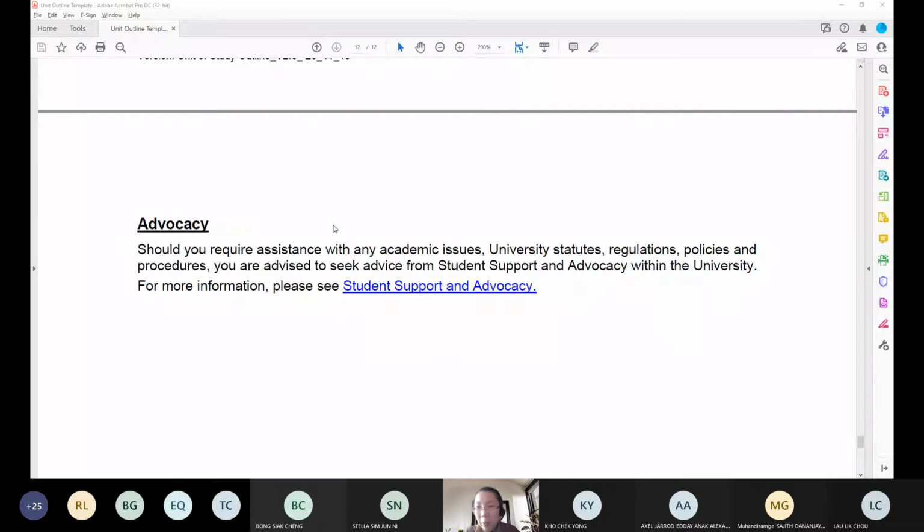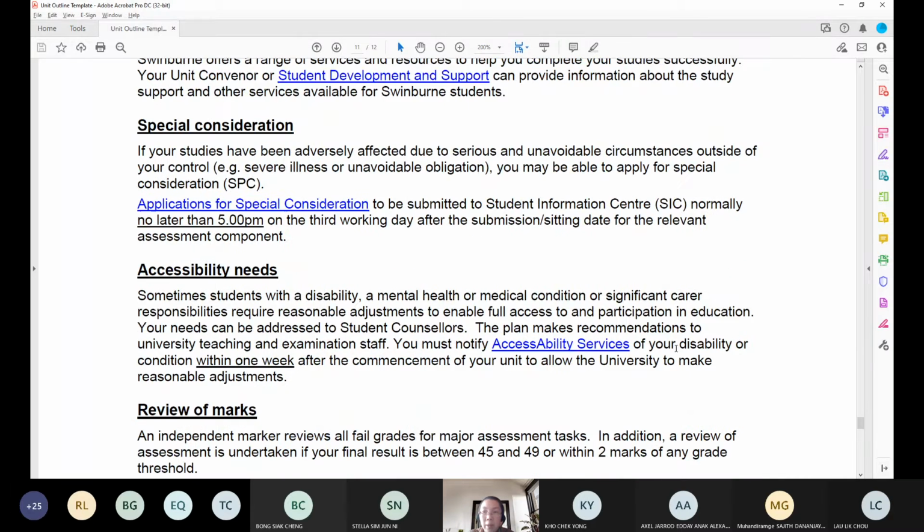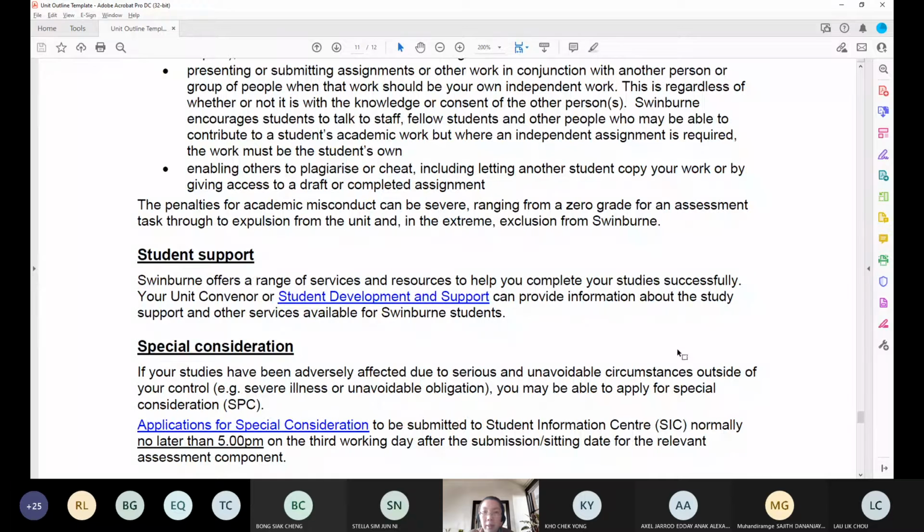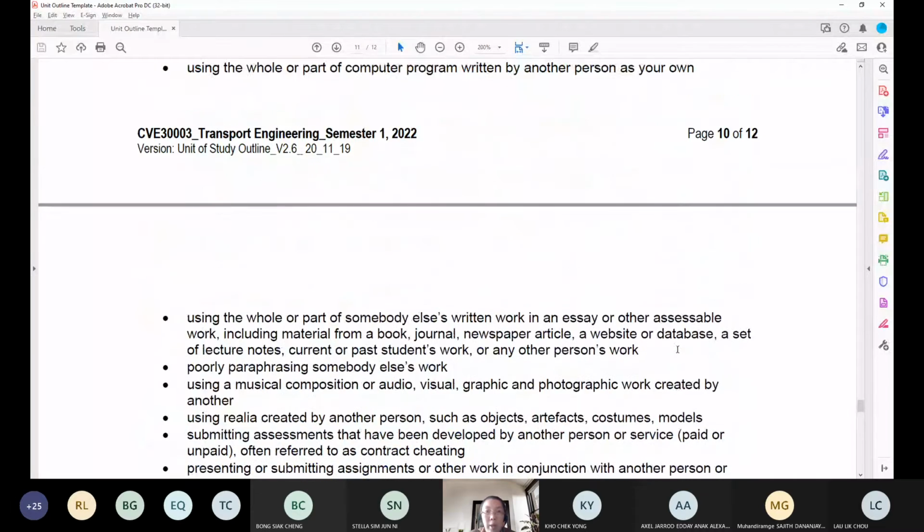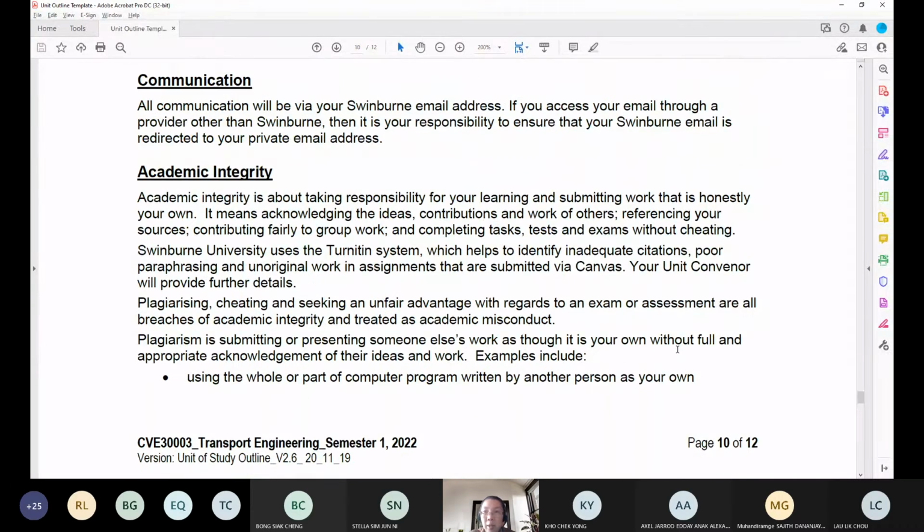Okay, any questions up to this point? Okay, I think there's one. What other apps are we using other than Sidra? In terms of software, we are using Sidra for analysis of intersections, and for assignment 1, we will be using CAD-based software for you to do drafting, to draw the intersections.